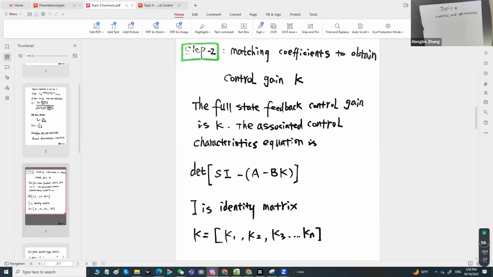Again, the characteristic equation in the transfer function should be the numerator or the denominator?